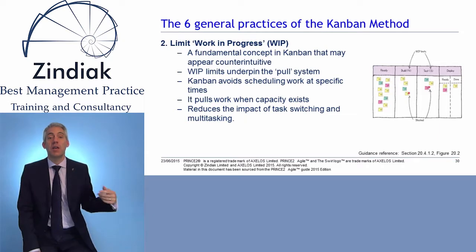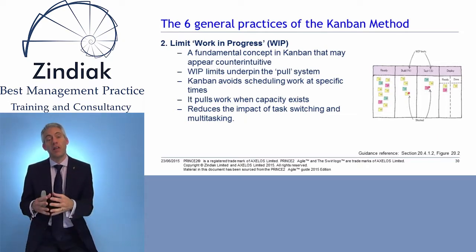And it also says it pulls work when capacity exists. So if you had a development team, say 6 developers, one of them becomes free, they can pull the next piece of work, assuming they have the skills and knowledge to complete that piece of work.